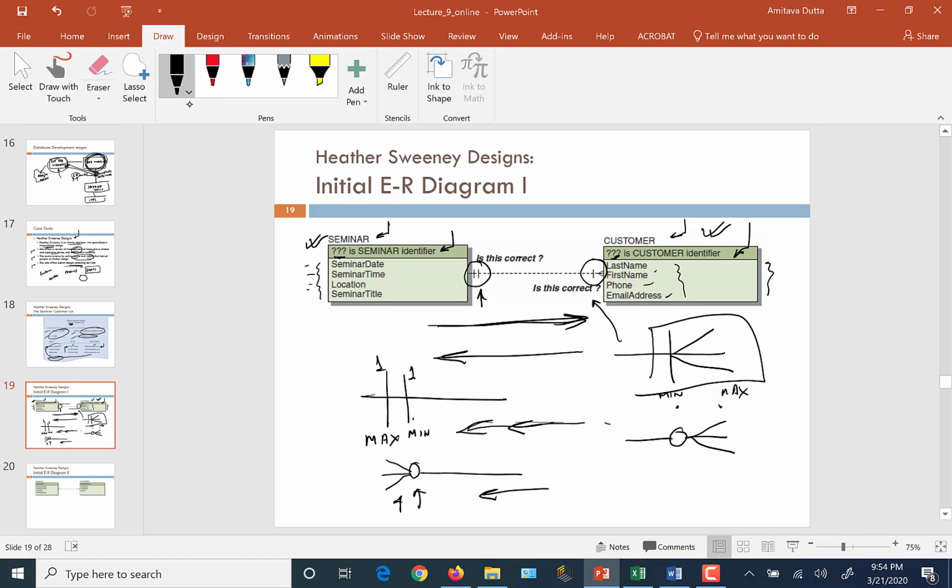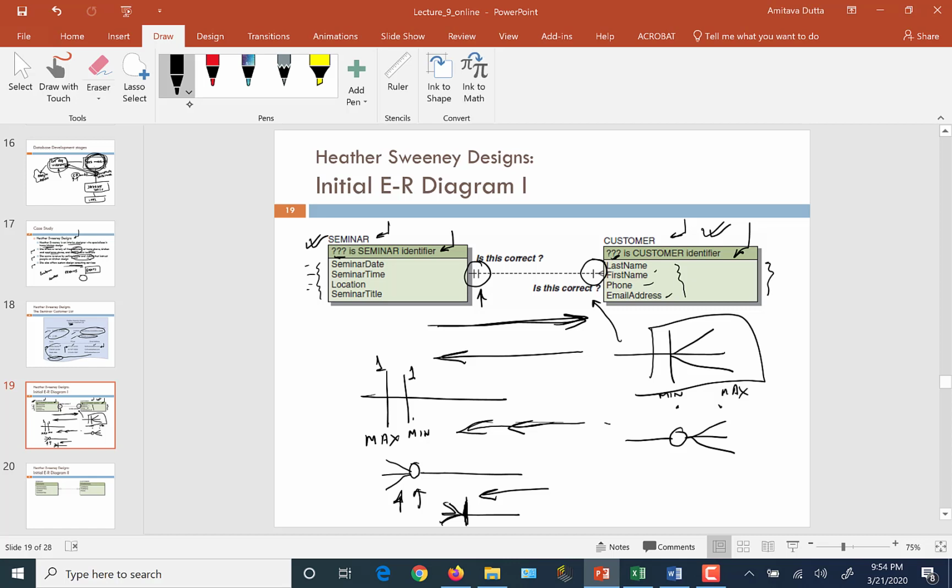I think you certainly want to allow a customer to attend many seminars. But it's possible that in order for the person to be a customer, they should have at least attended 1 seminar. So I think one can make the argument that the left-hand side cardinality should look like this. So one customer attends at least 1 and at most many seminars.